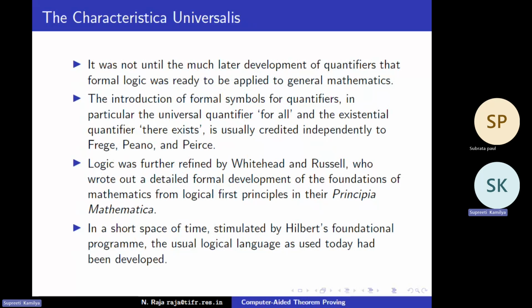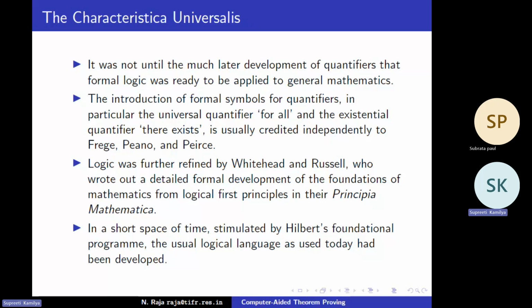The introduction of formal symbols for the universal quantifier and existential quantifier was done by several people. It's been credited independently to at least Frege, Peano, and Peirce, as far as I know.